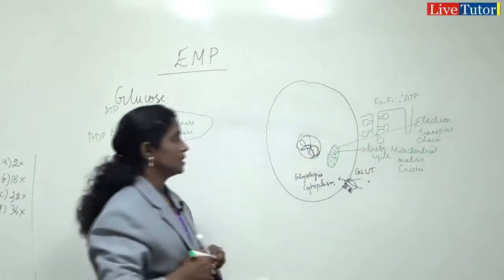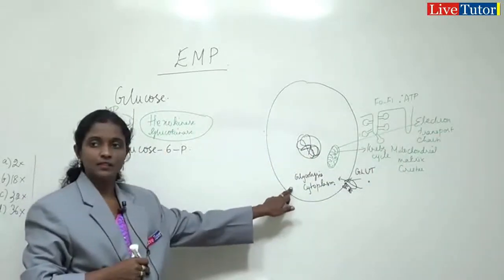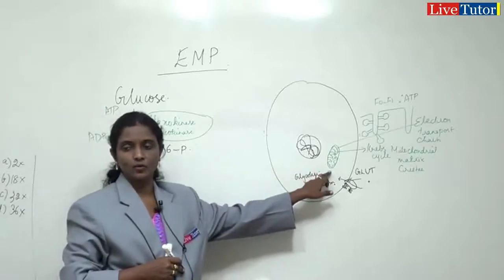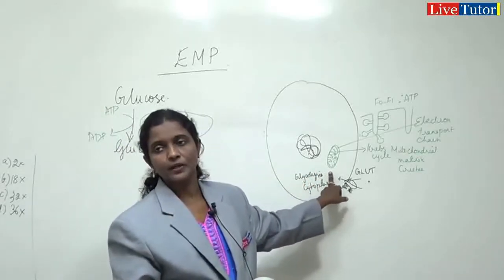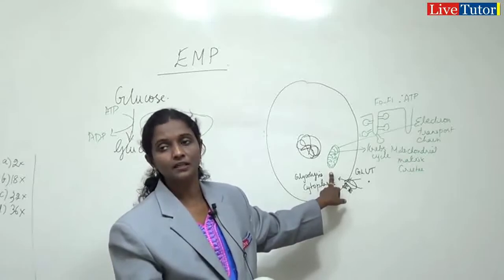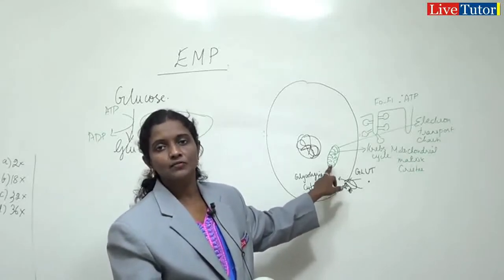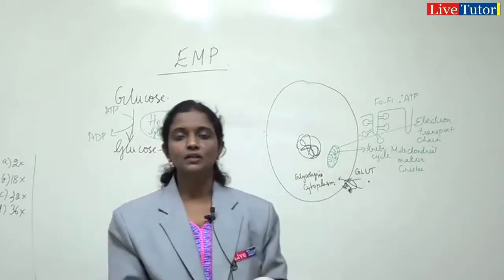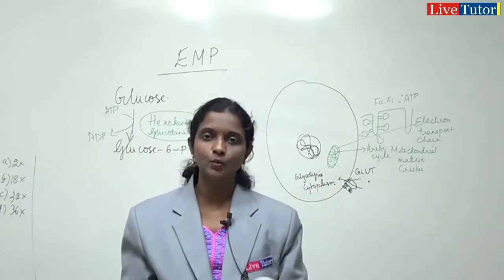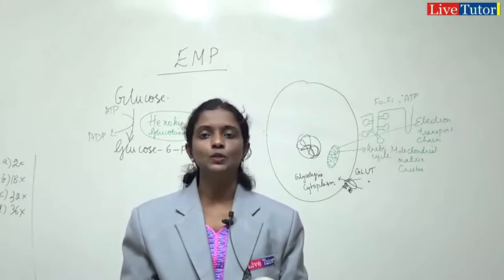I repeat, glycolysis happens in the cytoplasm. Then the pyruvic acid goes inside the mitochondria, where the conversion of pyruvic acid through the Krebs cycle takes place in the mitochondrial matrix, and from the matrix it comes back to the inner membrane of mitochondria, the cristae, which is packed with F0F1 particles, wherein ADP will be converted to ATP.